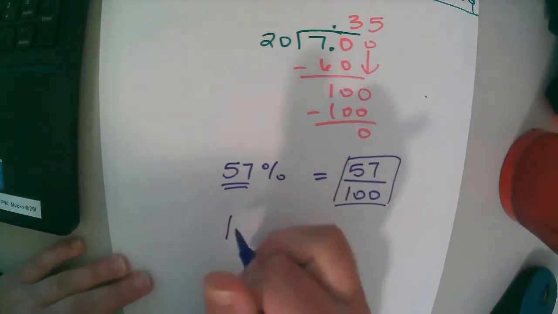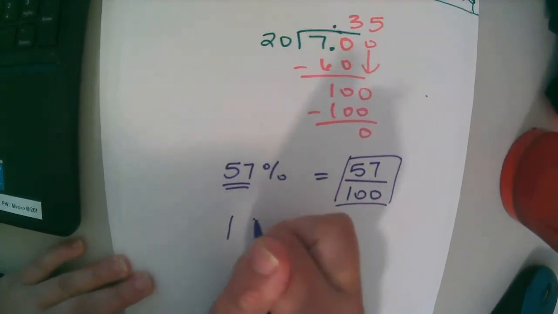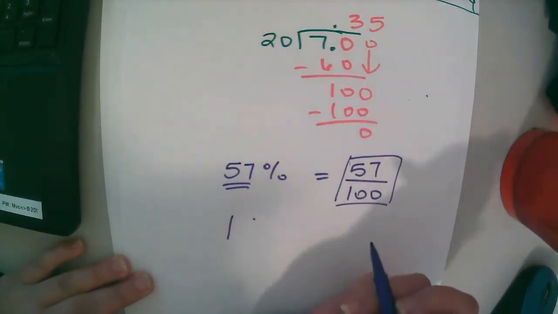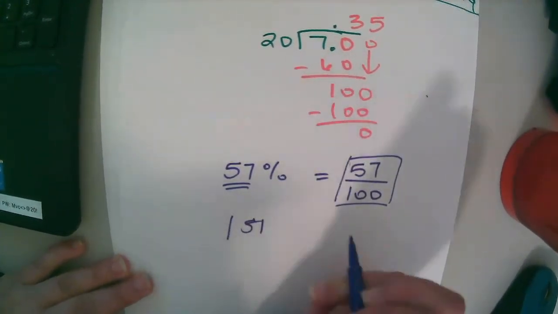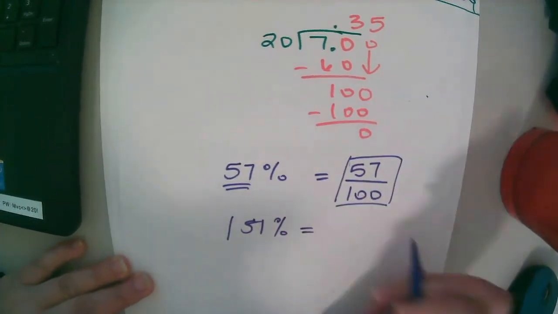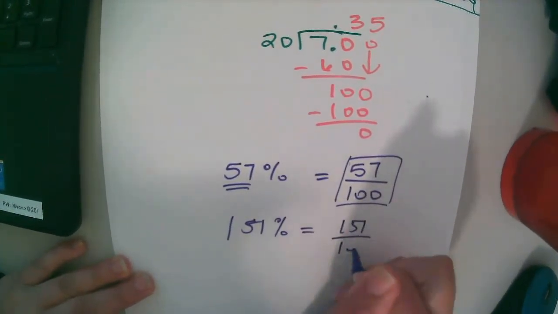Okay, so I just take the number and pop it over 100. If I had 151%, this would be 151 over 100.